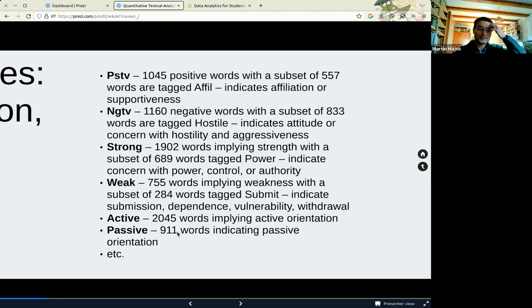I remember one example of interesting research that compared true suicide letters with fake suicide letters.